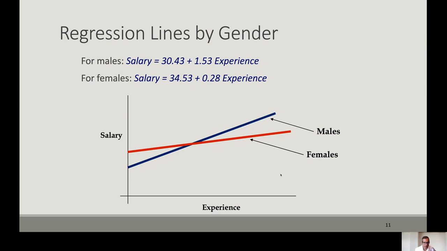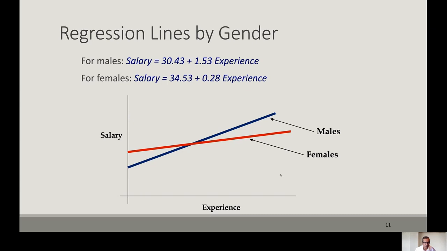Now, let's say we plot both of these equations on a graph where we have experience on the x-axis and salary is on the y-axis. Now, clearly you can see that at experience values that are closer to 0, that are towards the left, males may actually have a lower salary, right?